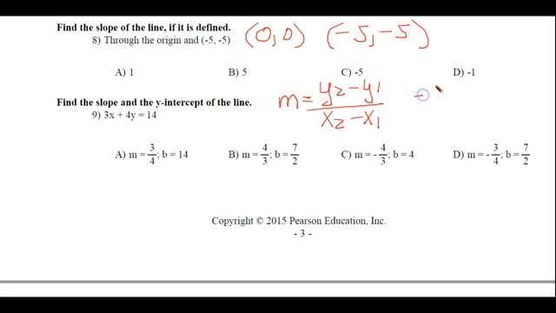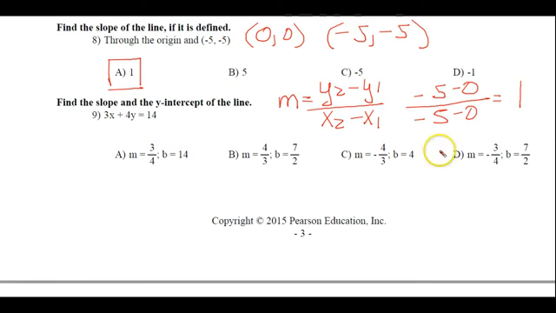So it's going to be -5 minus 0 over -5 minus 0 equals a +1. So this is just -5 over -5, which is a +1. So our slope for these points, this line, is 1.